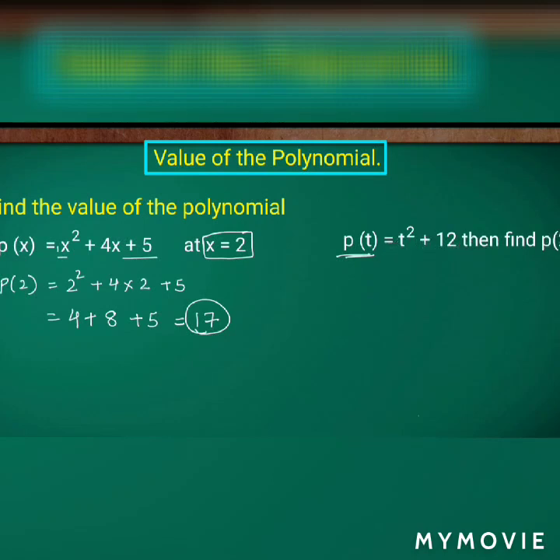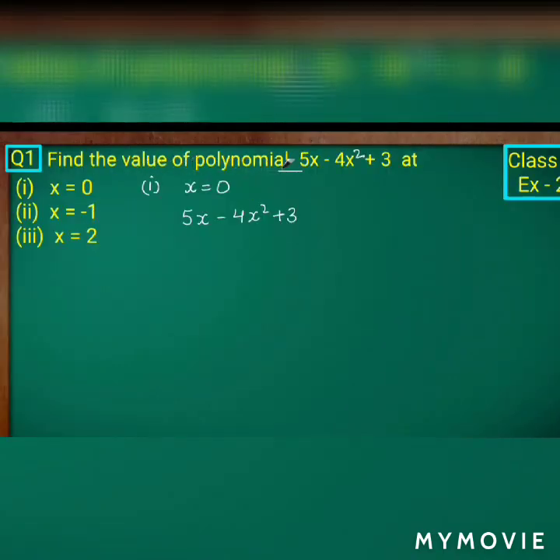Here the value of t is given as 2, so we have to substitute t equals 2 in the given equation. P of 2 equals, in the place of t we substitute 2, that is 2 square plus 12. 2 square is 4, 4 plus 12 gives 16. So we got the value of p of t when t equals 2 is 16.